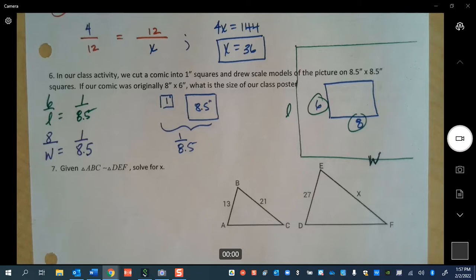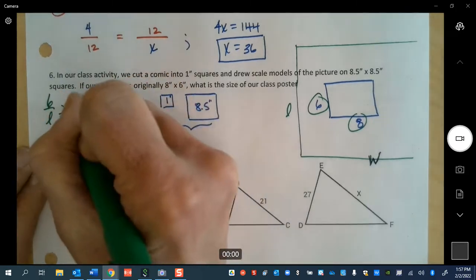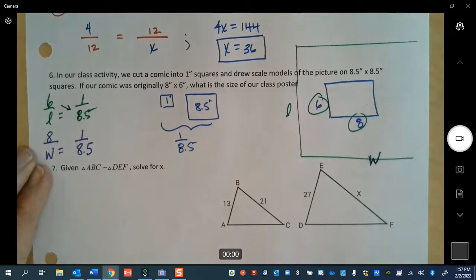Notice for each of those separate ratios to solve for my length to length, my width to width, I'm doing little to big. What you end up realizing is I end up with a scalar of multiplying each of these values by 8.5.